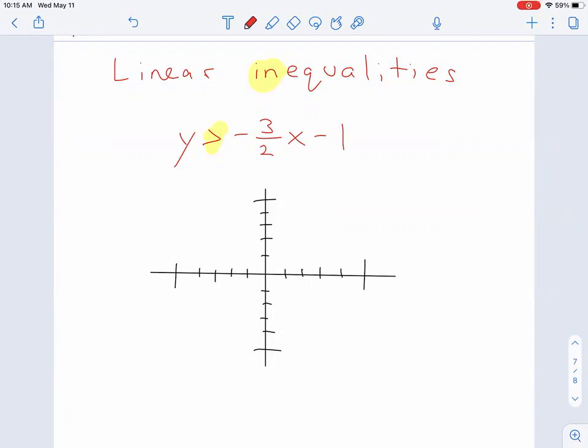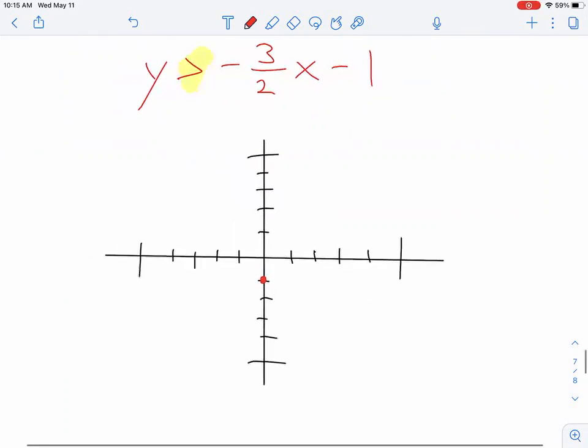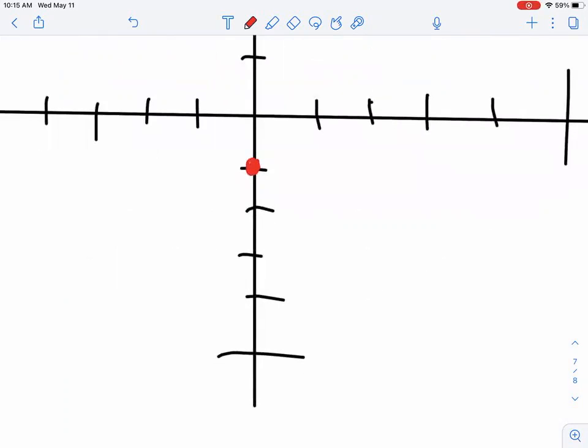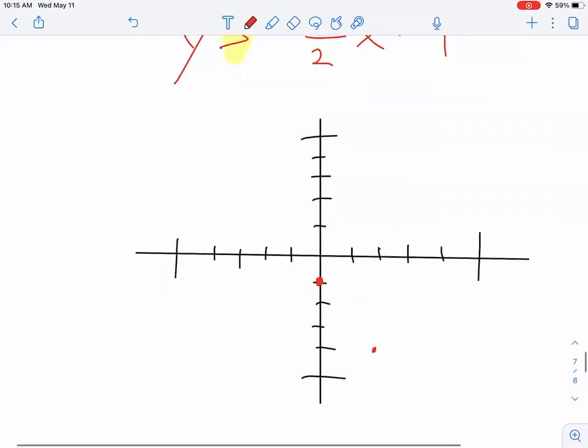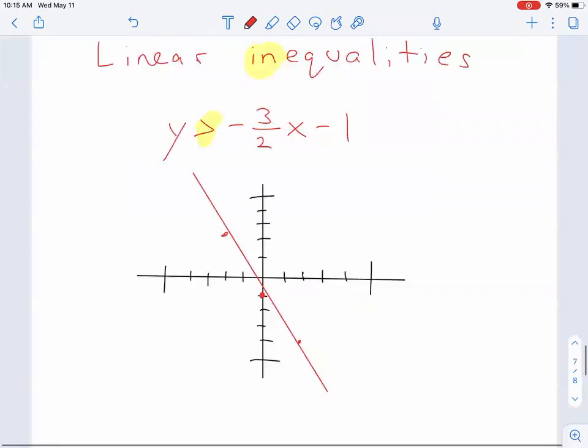But to graph that line, I start at my y-intercept of -1. So I'll put a dot at -1. And then I have a slope of -3/2. So I'll go down 3 and over 2 and put a dot, or I could go up 3 and over 2 the other way. And if I connect those lines, that would be if it were an equation.